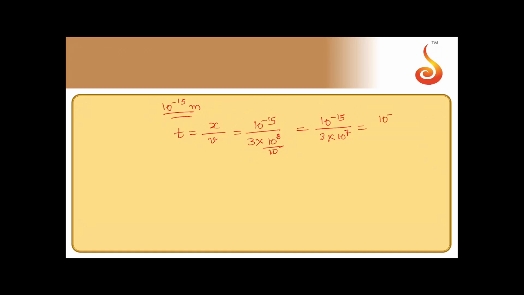If I take 10 power 7 to numerator, it will be 10 power minus 22 divided by 3. So this will be 3 into 10 to the power minus 21 second. So roughly it is 10 power minus 21 seconds. So order is 10 power minus 21 second. That is option D.